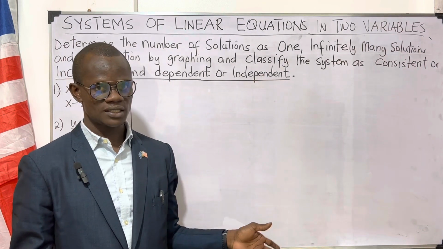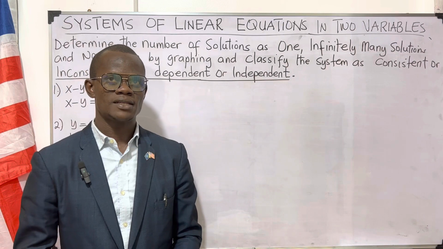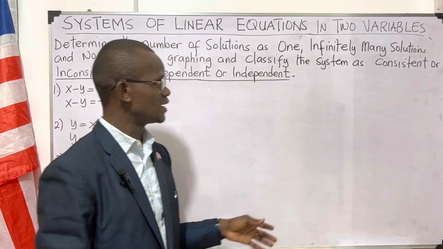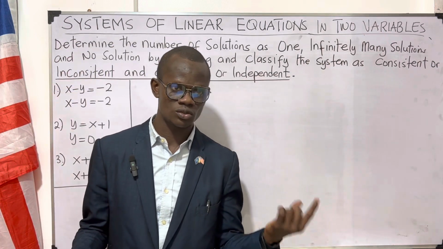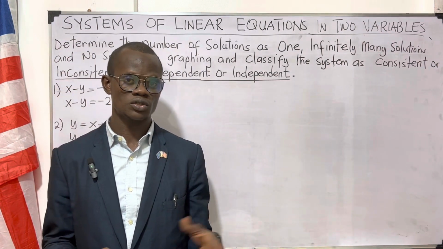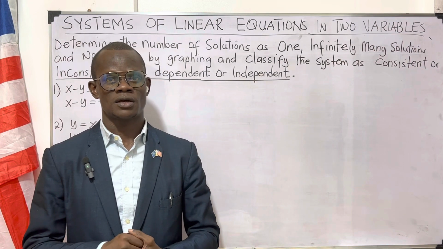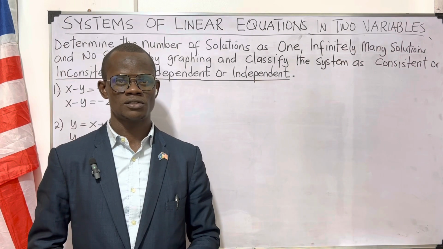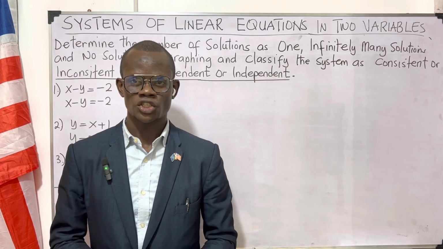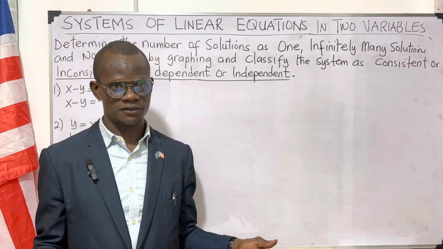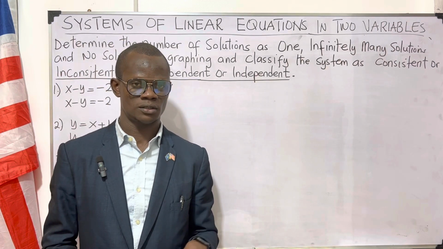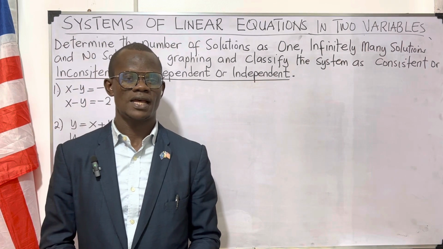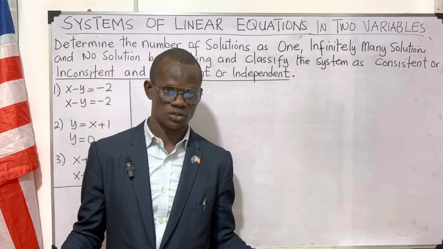We want to look at all of these cases under the graphing method. We want to determine whether a system has one solution, many solutions, or no solutions by graphing, not by manually solving the problem. In summary, there are three major graphs: one solution, infinitely many solutions, and no solution.